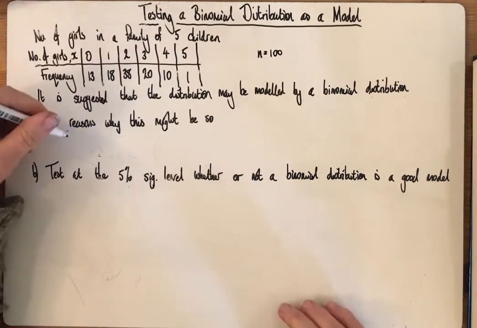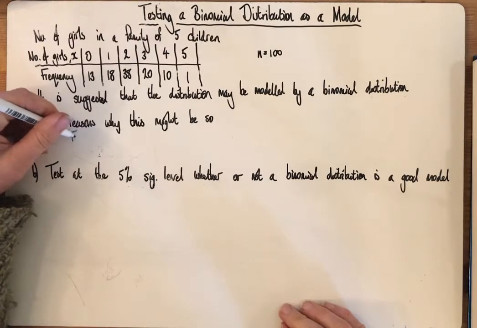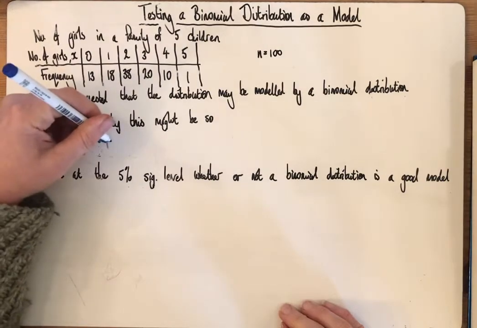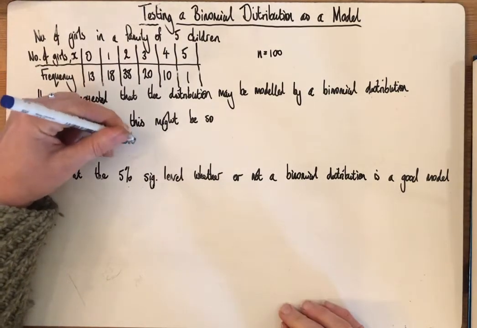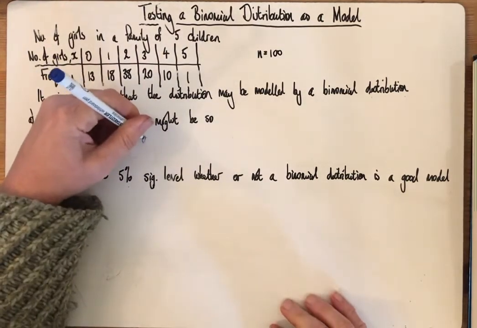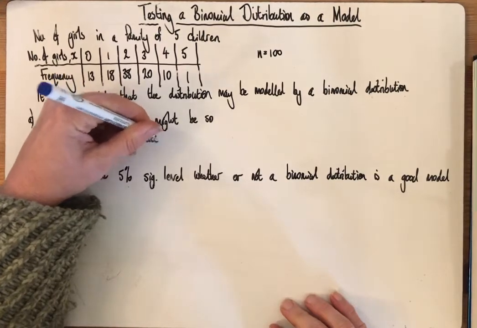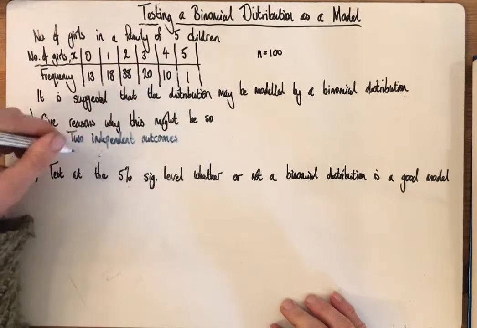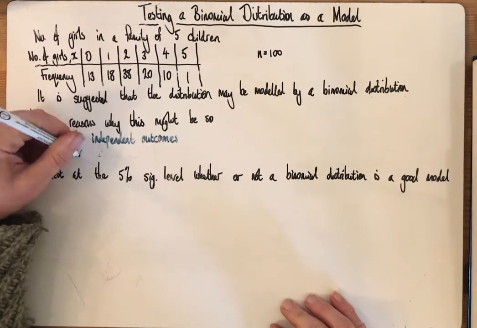So we've got 2 independent outcomes. Certainly for this, a baby will be a boy or a girl. And there's a fixed number of trials.